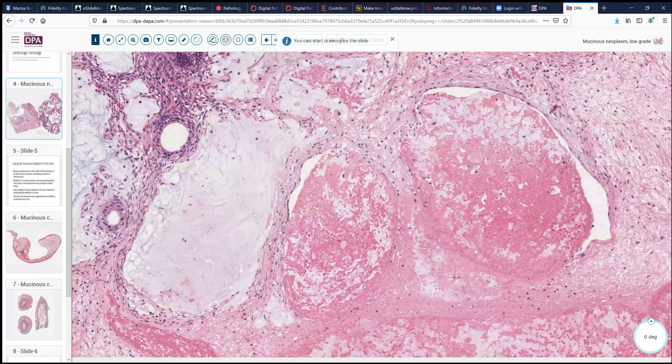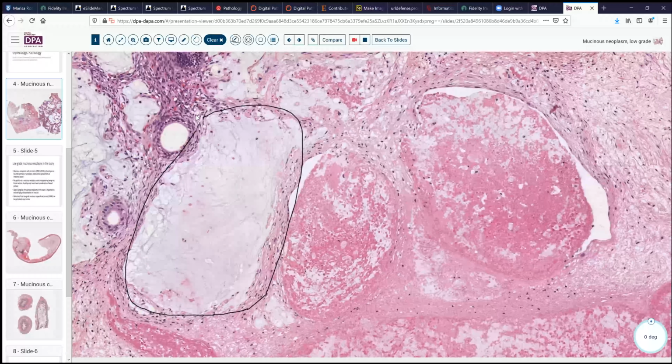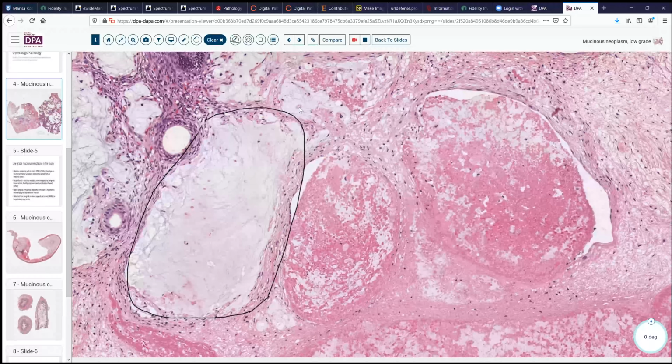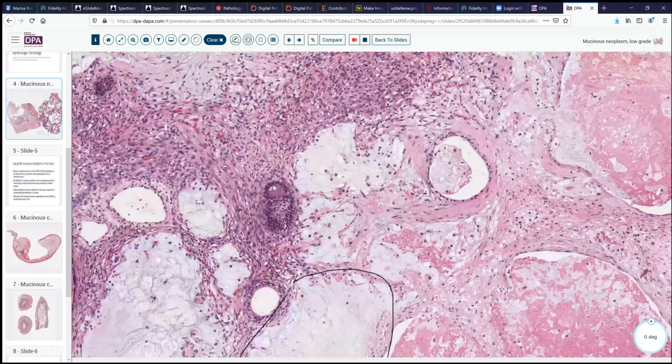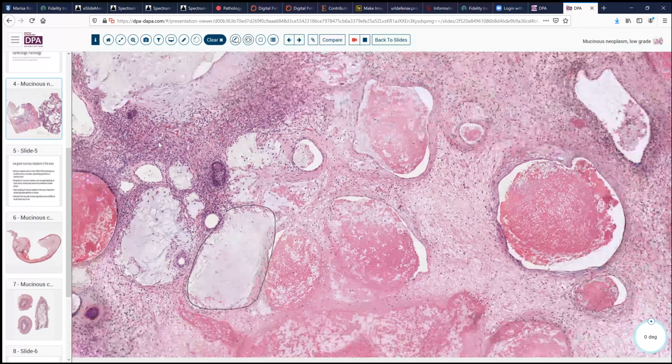Here, we'll just sort of outline. You can see this whole pool here is just mucin with no epithelial cells. And looking adjacent to it, we see here's some epithelium and here's some, but no epithelial cells within those mucin pools.